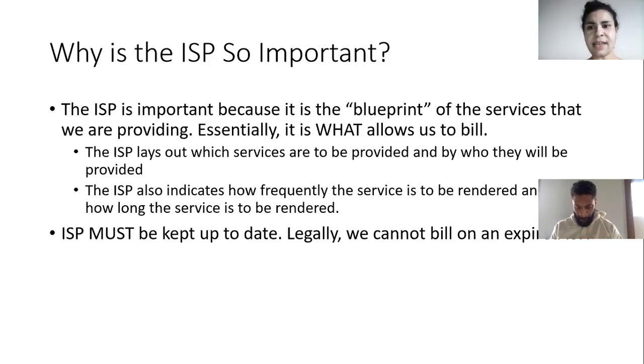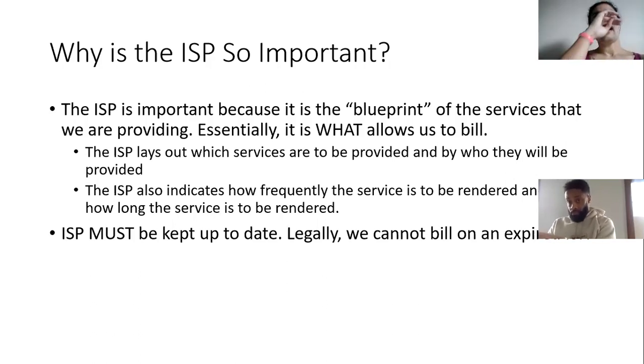The state says that treatment plans need to be updated minimally every year, but I find that most agencies do updates every 6 months. Some do them every 3. It just depends on what your particular agency says. I know you guys do them every 6 months, but you also want to do a treatment plan update if something major occurs in a client's life that might impact their mental health.